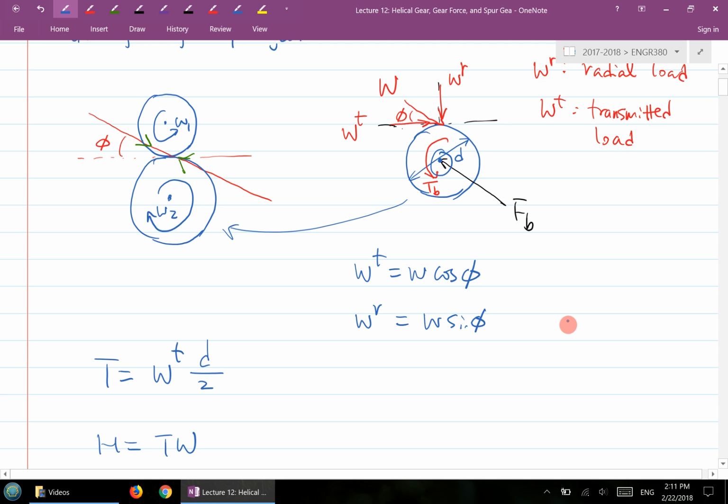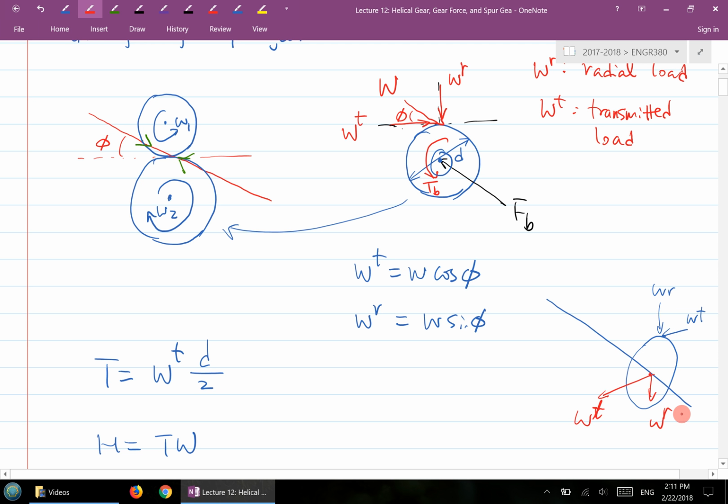If I have a shaft here, and this is the location of the gear, then you have WR and WT. For the free body diagram of the shaft, you get WT here and WR here.